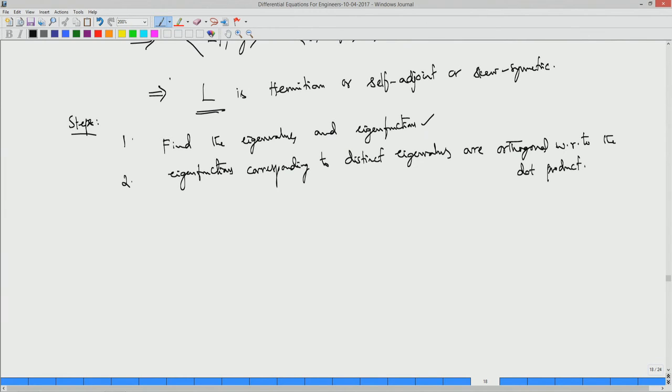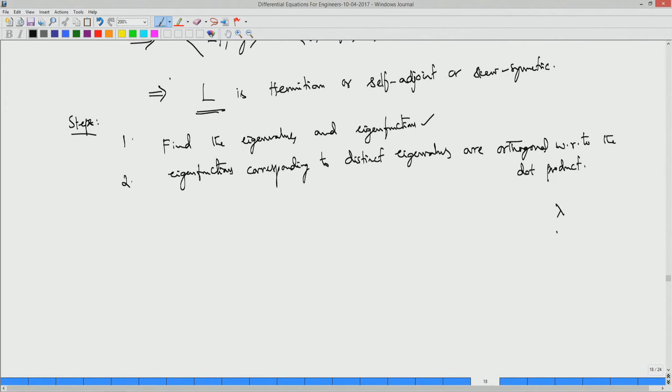Suppose some eigenvalues are repeated. You may have two eigenfunctions, because for a second order equation you will have a maximum of two linearly independent solutions. Fix your lambda, you may have two linearly independent solutions for that system with the boundary conditions.